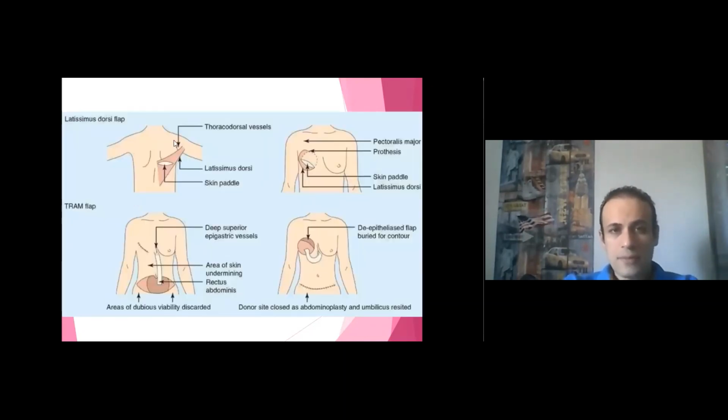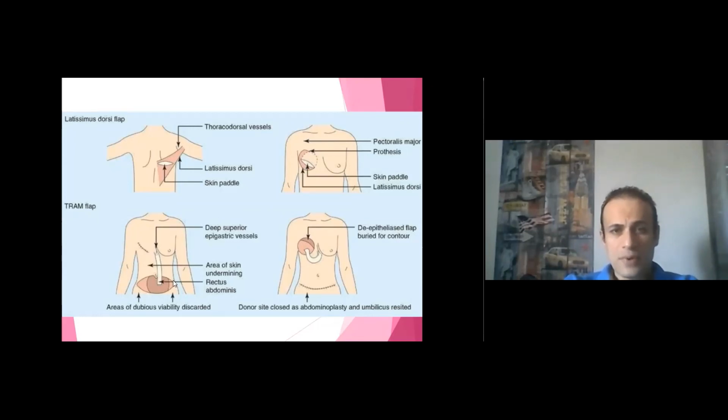Here, for example, we see the back. We move the latissimus dorsi with the skin paddle from the back through a tunnel under the skin, and then we go forward to cover the defect.